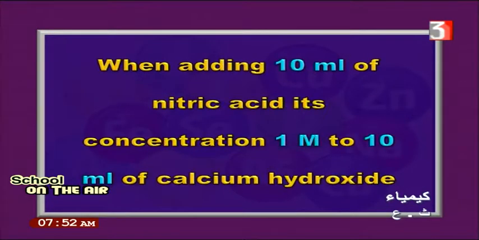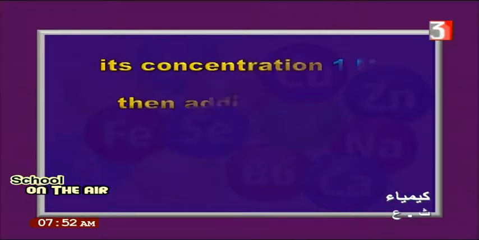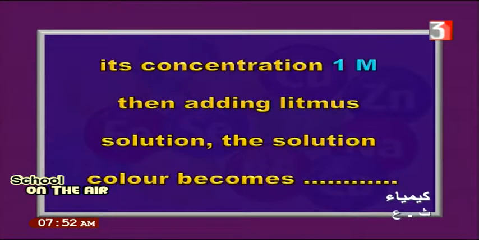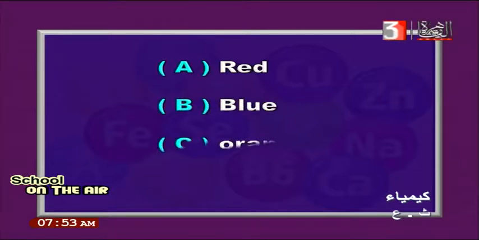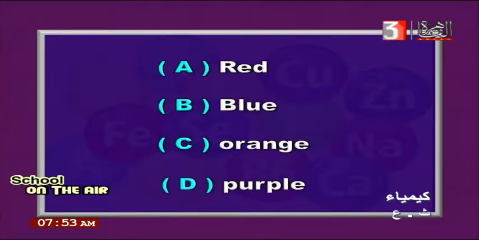Next question. When adding 10 milliliters of nitric acid, its concentration is 1 molar, to 10 milliliters of calcium hydroxide, its concentration is 1 molar, then adding litmus solution, the color becomes red, blue, orange, or purple.